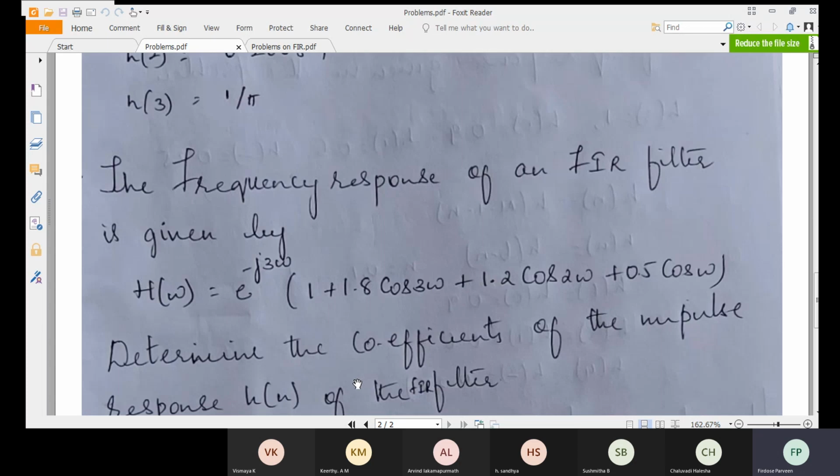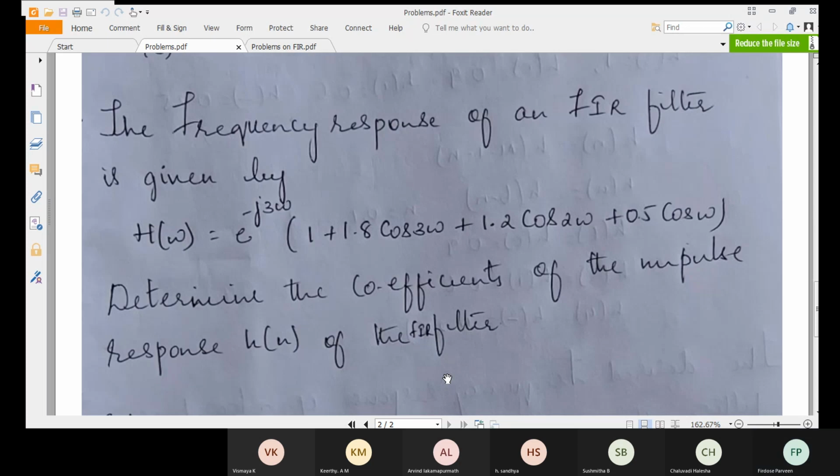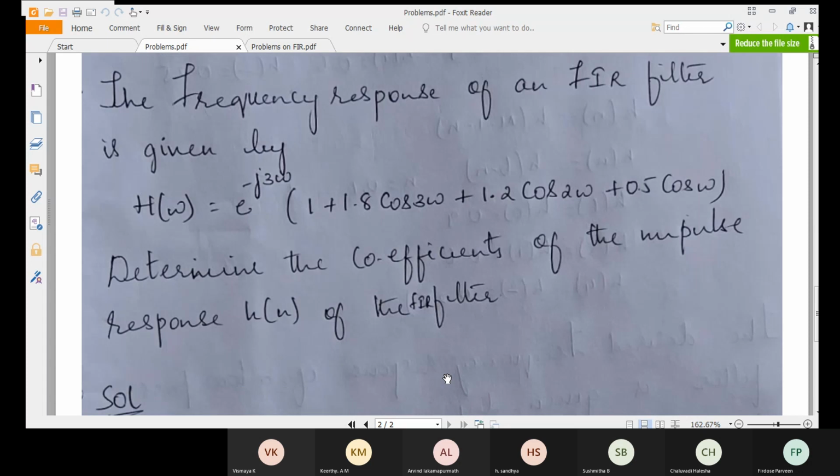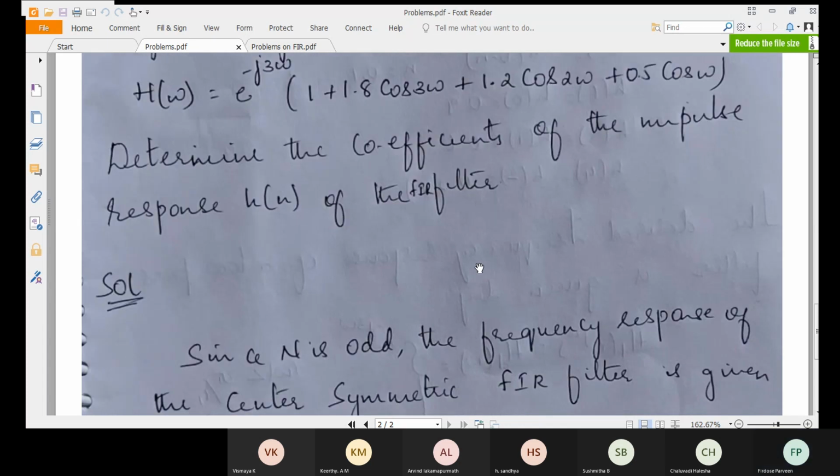Determine the coefficients of the impulse response h of n of the FIR filter. So you need to find out the coefficients. They have given h of omega.